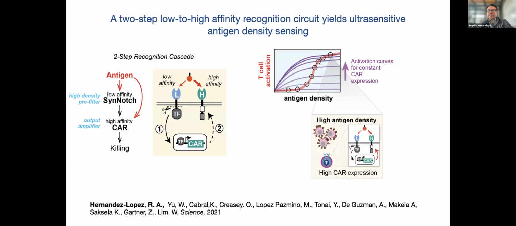In contrast, if the same cells now encounter tumor cells that express high levels of these proteins, that should increase the frequency of interaction between the synthetic notch receptor and the target protein, and that should lead to the activation of the CAR. And because the CAR has high affinity, meaning it will want to stick to the protein, that should lock these T cells to engage with these target cells and start the activation of killing and proliferation.